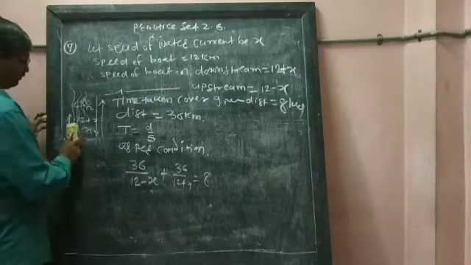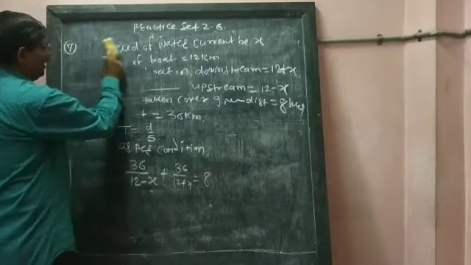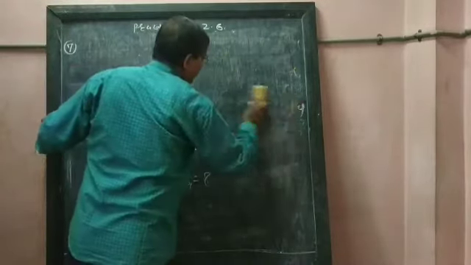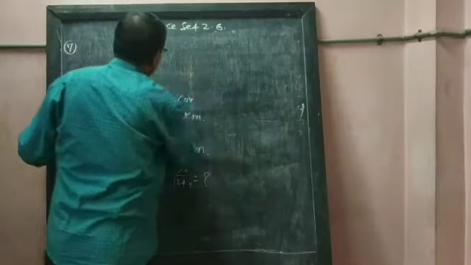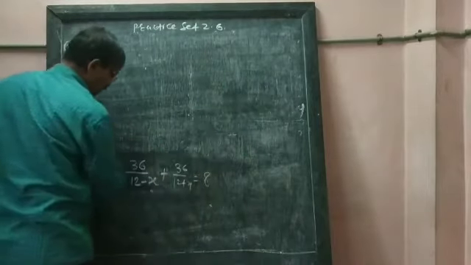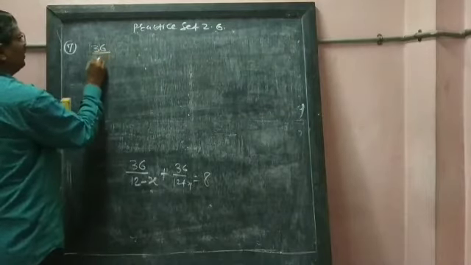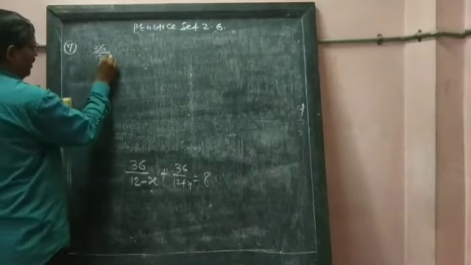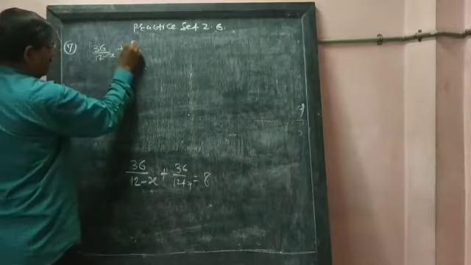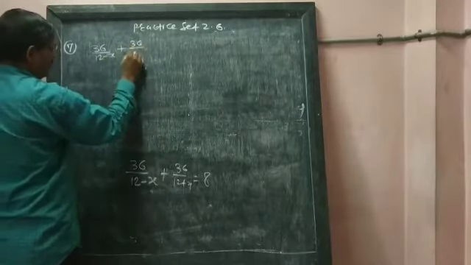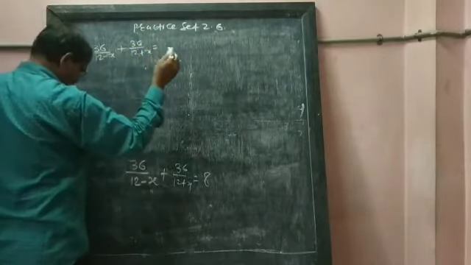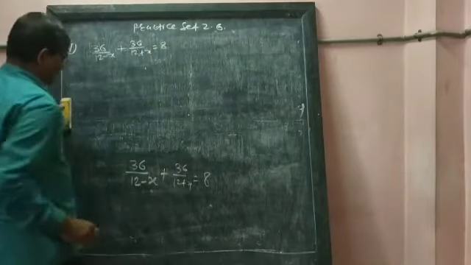Now I will erase all this and take it up, as I don't have more space here. I am writing this again: 36 upon 12 minus x plus 36 upon 12 plus x is equal to 8.